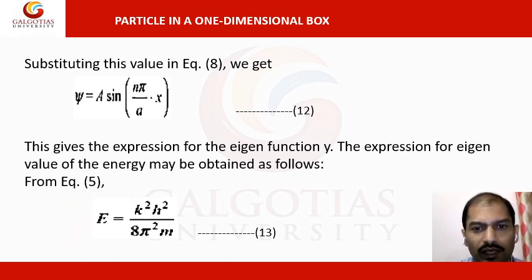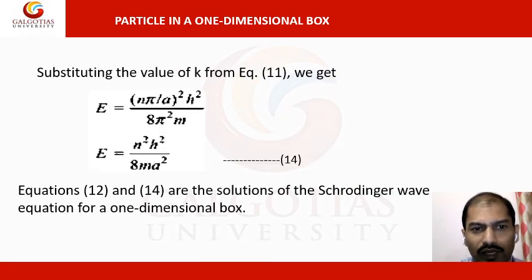Substituting the value of k from equation 11, you get n pi upon a, squared, into h square upon 8 pi square m. After solving and simplifying, it takes the shape E equal to n square h square upon 8m a square.